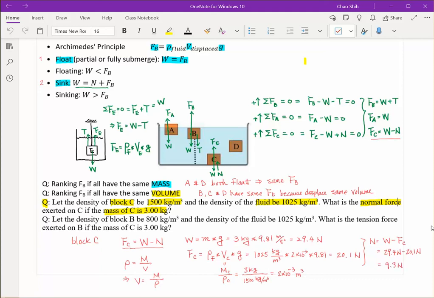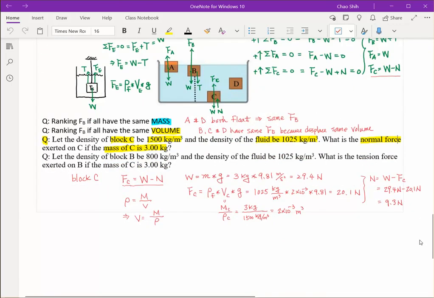Okay, the last one here that we're going to show you is what happens if we wanted to find out the block of B. Now here, this one should be the B. Okay, so if we look at the block of B, it gives us the density of the block B is 800. The fluid is still 1025, and we want to find the tension force.